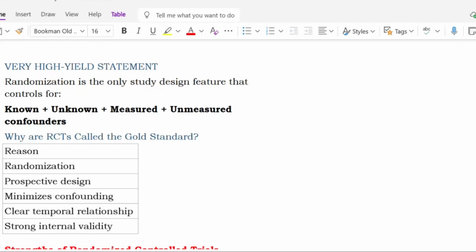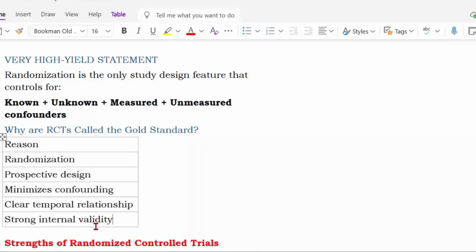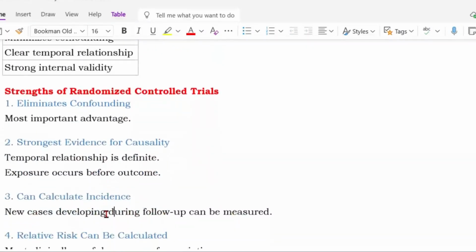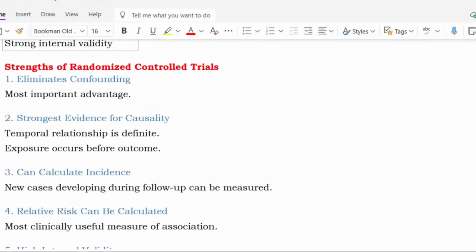Okay, so why are RCTs called the gold standard? Because there is randomization, it is a prospective design, it minimizes confounding, there is a clear temporal relationship, and there is strong internal validity. So what are the strengths of the RCT? It eliminates confounding. That is one of the great advantages. Then it gives the strongest evidence for causality, because there is a temporal relationship that can be defined: exposure occurs before the outcome.